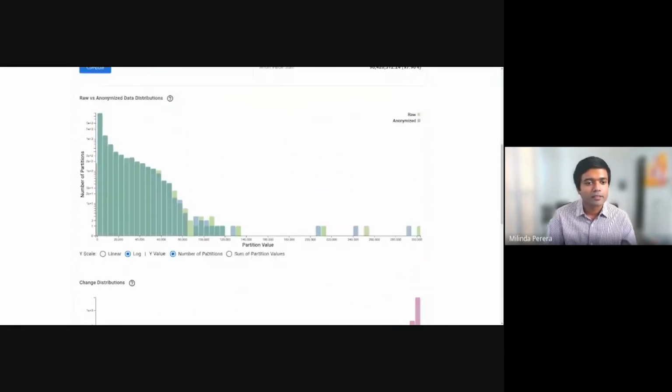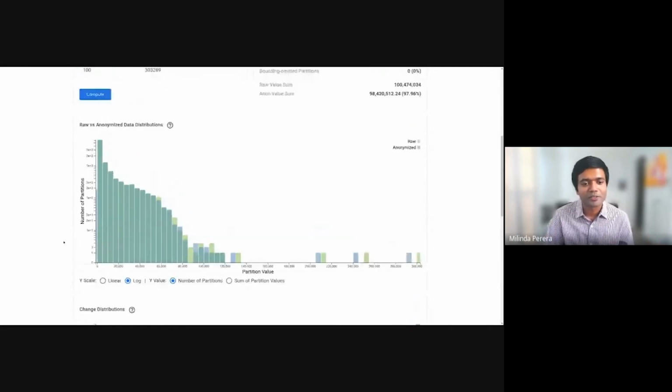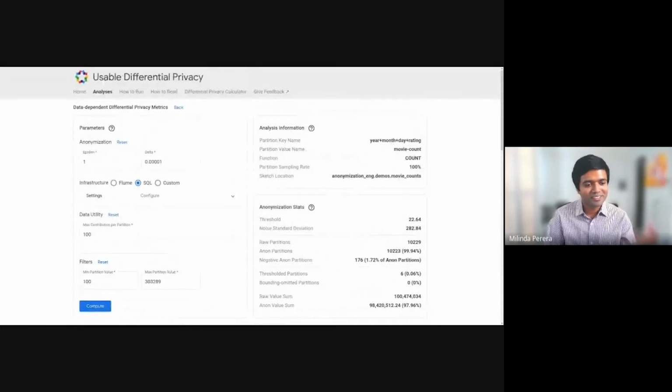And the distribution is also quite similar to the actual data distribution. And I might decide, well, these are the parameters I want to use. I would just set these parameters in my pipeline and run the pipeline once and for all to anonymize.